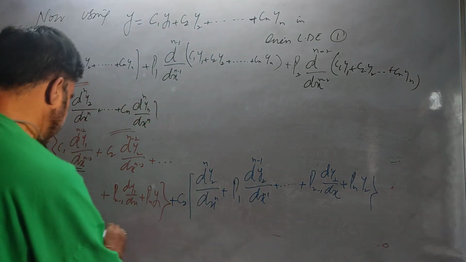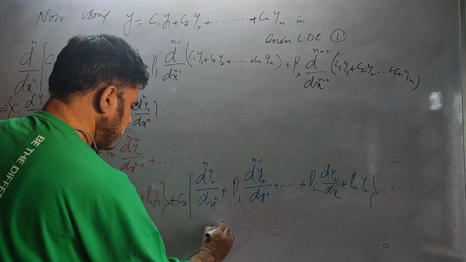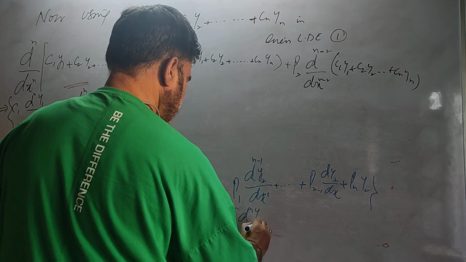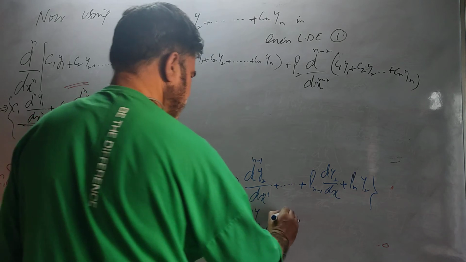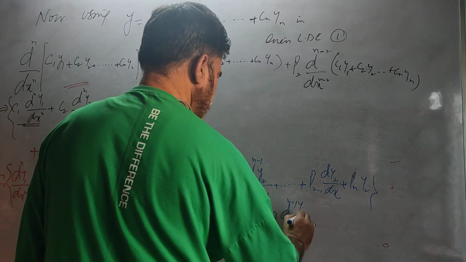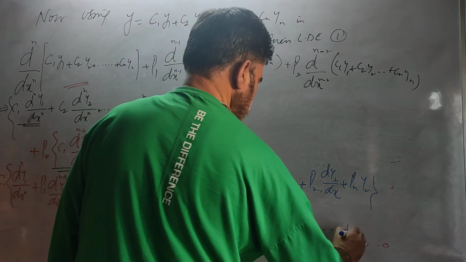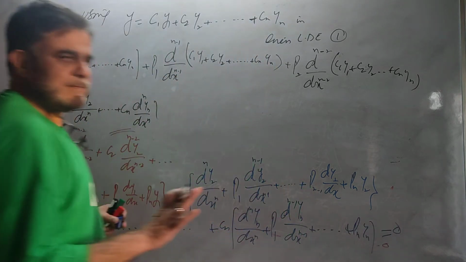Then finally, taking cn out, it will be d^n yn/dx^n plus p1 d^(n-1) yn/dx^(n-1), so on to pn yn is equal to 0.